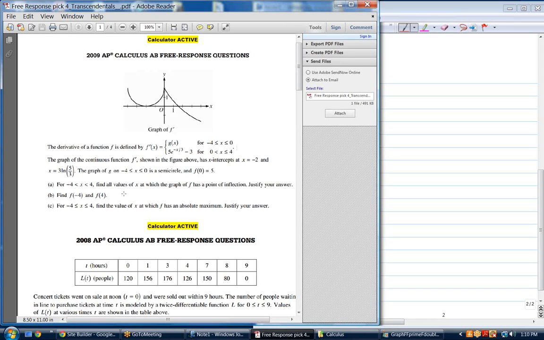Find all values of x at which the graph of f has a point of inflection. Well, the question is, is 0, 2 an inflection point? Notice that that's a cusp or corner, whatever you want to call it.